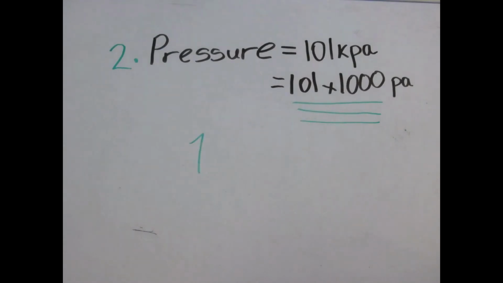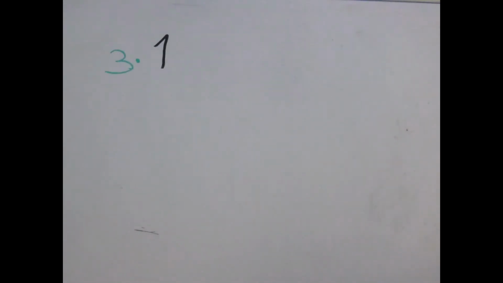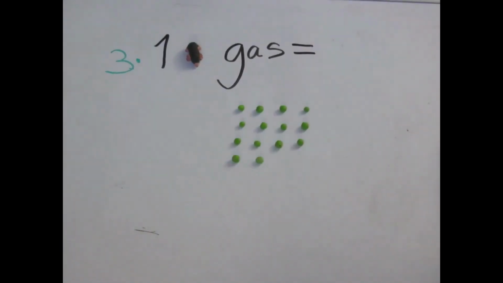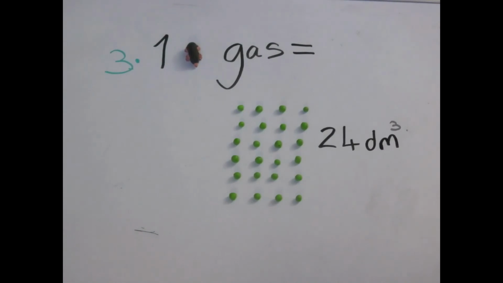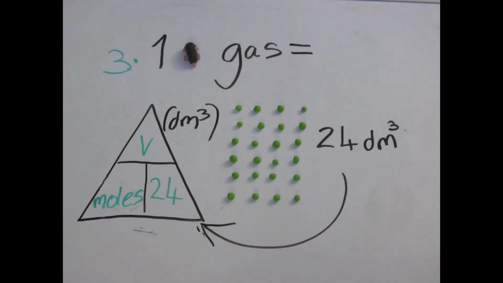This is equivalent to 1 atmosphere of pressure. Our third assumption is that 1 mole of gas takes up 24 decimeters cubed. So if we take up a volume of 24 decimeters cubed, and we have the number of moles, we can find the total volume in decimeters cubed that this gas takes up.